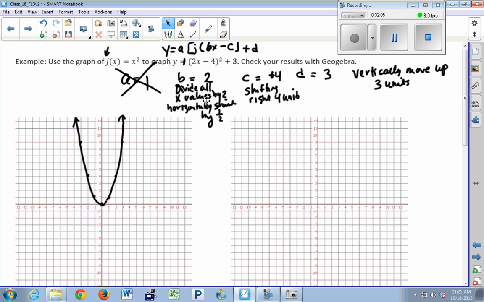Instead of picking negative 3, 9, I'm going to pick the point negative 2, 4 as one of my key points. So I might as well take its opposite across the y-axis, 2, 4. I'm going to take 0, 0. Maybe that's all I need. We'll find out.